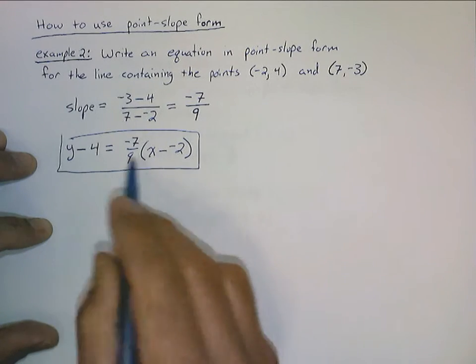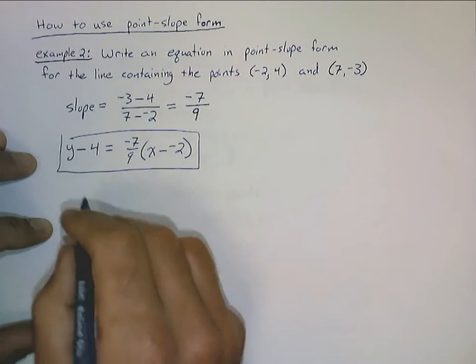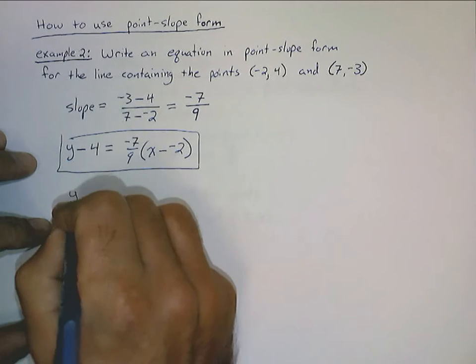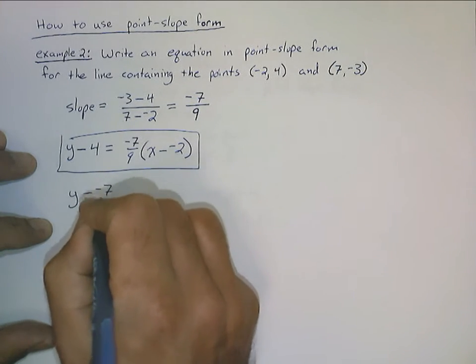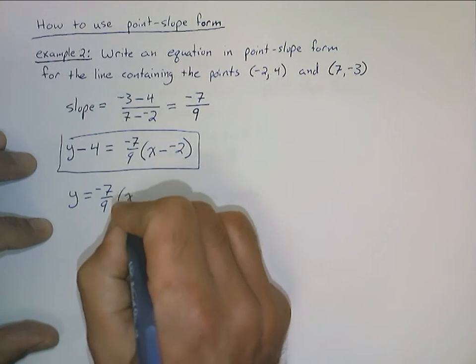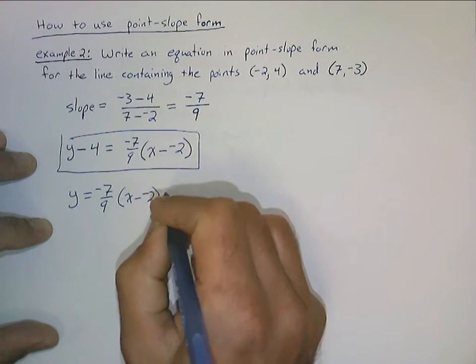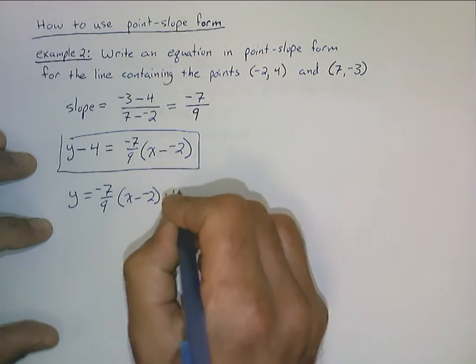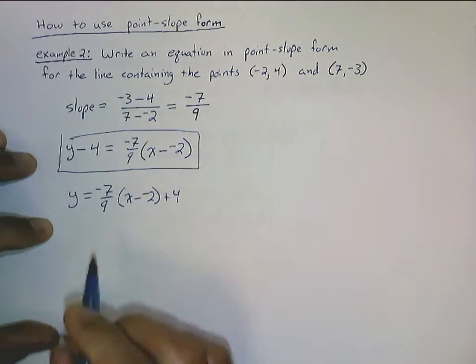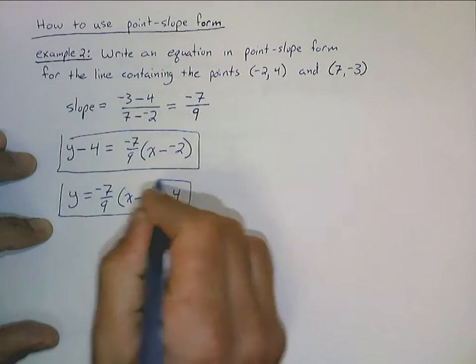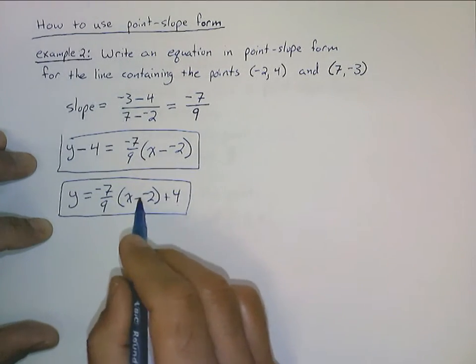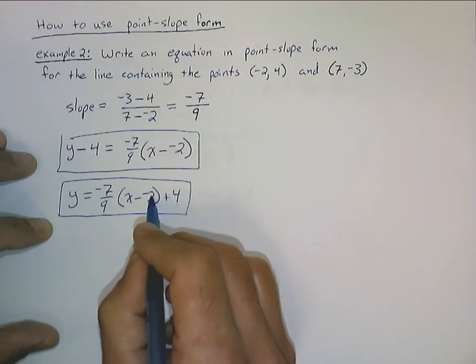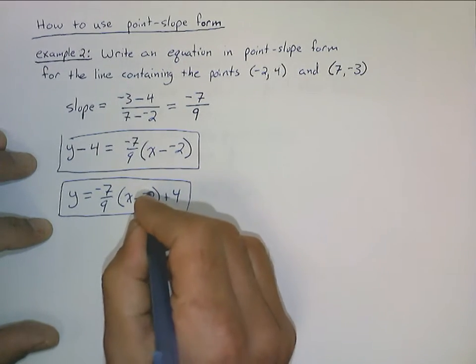Or if we just add 4 to both sides, then we get y is equal to -7/9 times the quantity x minus -2, and then we add 4 to both sides to cancel that one out, and there's the new school version. If we wanted to, we could change this subtracting the -2 to adding 2.